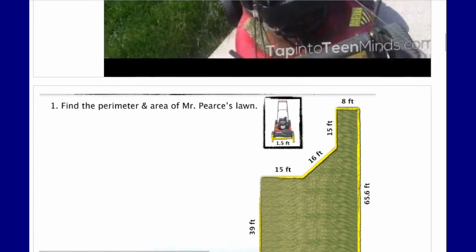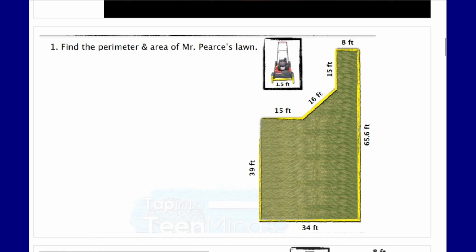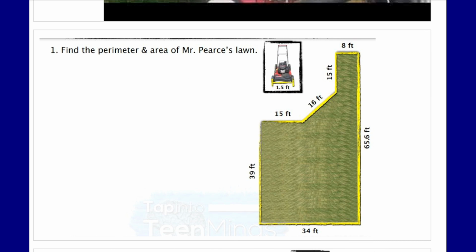So if we were to look at the gentleman's lawn, Mr. Pierce, we would have a layout or a blueprint of his lawn as such. So what would be the area and perimeter of his lawn? Well, perimeter is relatively straightforward. Perimeter, we can add up all the sides around. So 39 plus 15 plus 16 plus 15 plus 8 plus 65.6 plus 34.